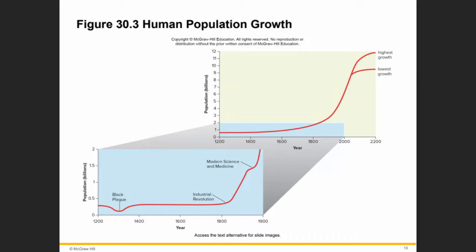We plot population in billions on the vertical axis, from 0 to 2 with an increment of 0.5, and the year from 1200 to 1900 with an increment of 200, that is 1200, 1400, 1600, 1800, on the horizontal axis.